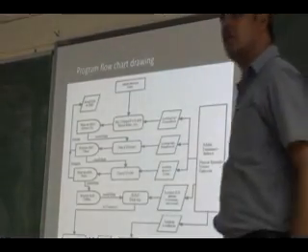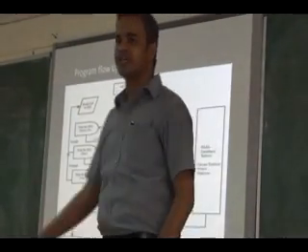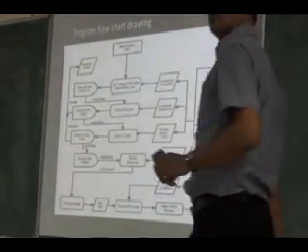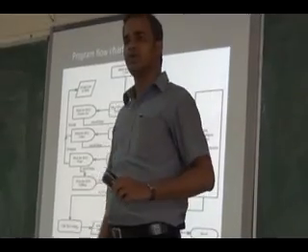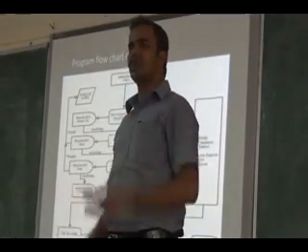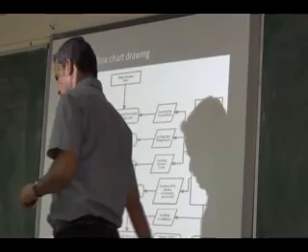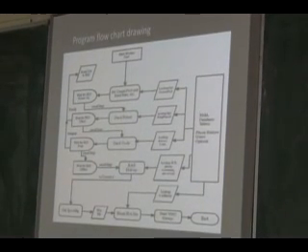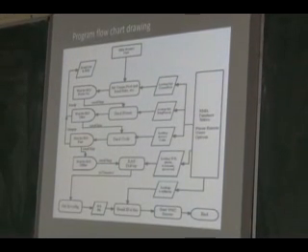What will it convey? How has he programmed it? The details he can only tell through flowcharts. So flowcharts convey all the details that went into that software, that program. This can be read only by technical persons.